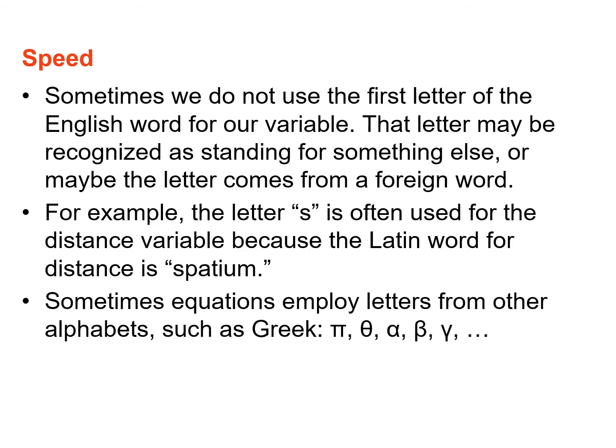I know there's no S in distance, but the S came from the Latin word for distance, which is spatium. So sometimes we do not use the first letter in an English word for our variable. Instead, we may use a letter that comes from a foreign language. We might even use letters from other alphabets, such as the Greek alphabet.